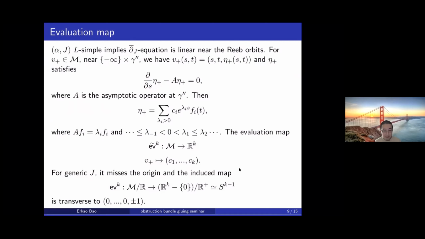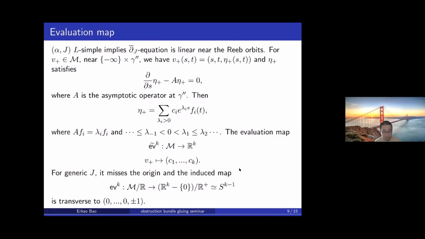And then from this, one can easily solve that eta plus equals a formula like this, where Ci is some constant times e to the lambda i times s times fi of t, where lambda i and fi are eigenvalues and eigenvectors of the asymptotic operator A. A is a self-adjoint operator, so the eigenvalues are real, so we order them in this way.